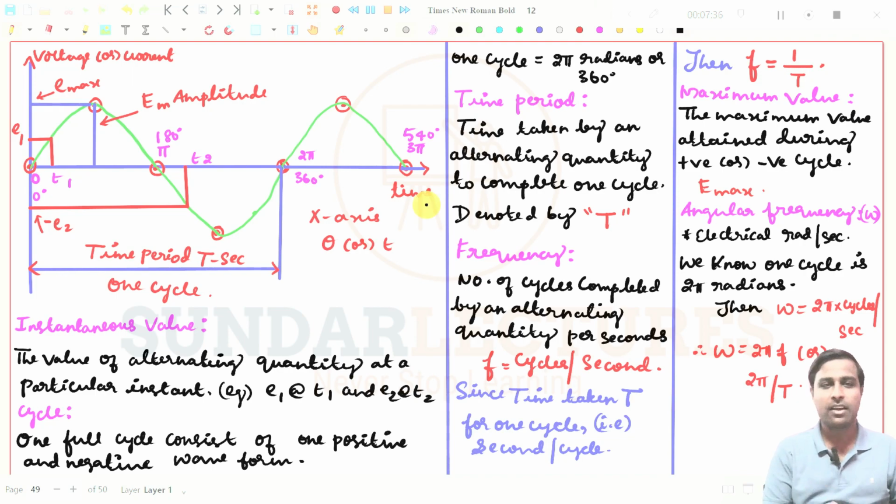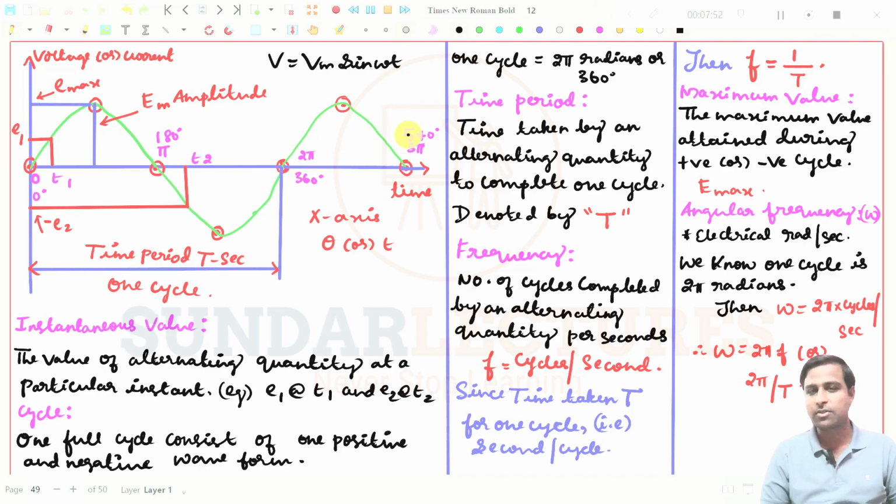Maybe we will take this as V is equal to Vm sin omega t, and I will explain this by substituting the omega t values and plotting the graph. There you can easily understand why this waveform comes like this.